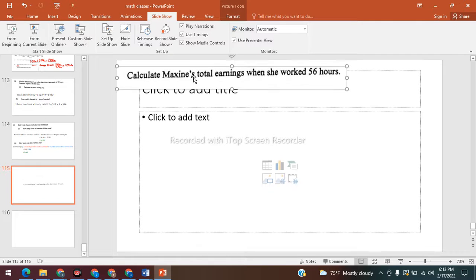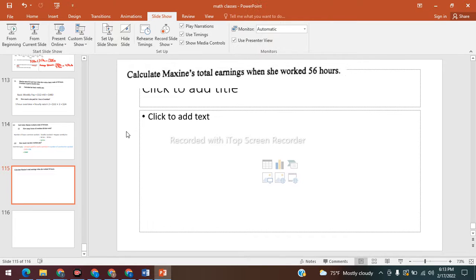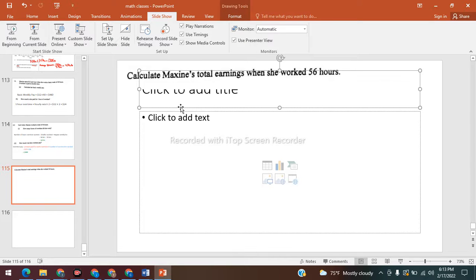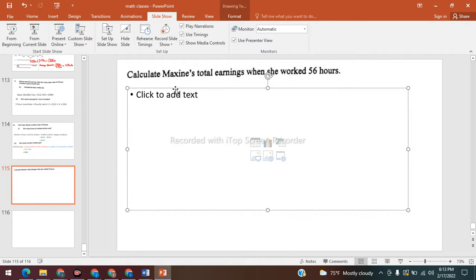So total earnings is going to be equal to earnings for a regular week plus overtime earnings.